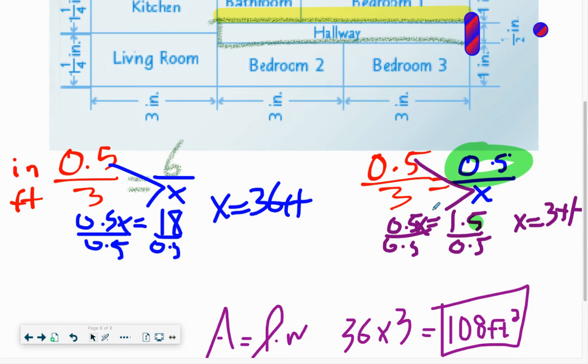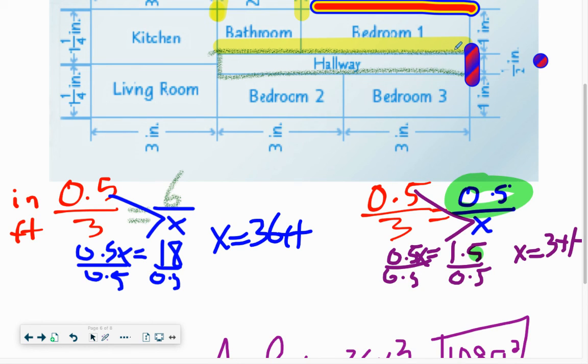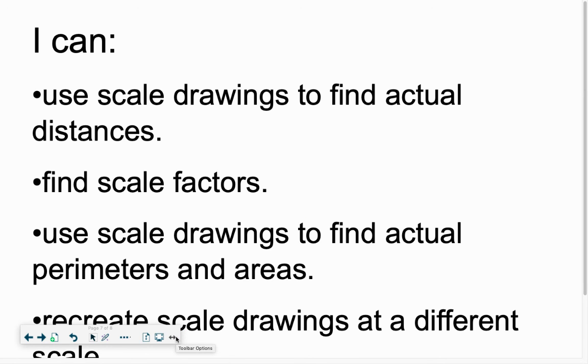Whether you have to measure it, or in this case, you're just reading a blueprint, that's what we're looking at. The big takeaway when we look at this again is the fact that we want to be able to use a scale drawing to find actual distances. And yes, it does say scale factors, and all those things, but when we can find actual distances or find the distance or the measurement on the model or scale drawings, then that allows us to be able to do this.